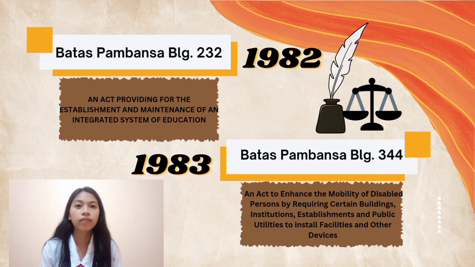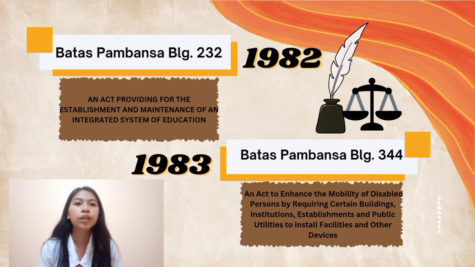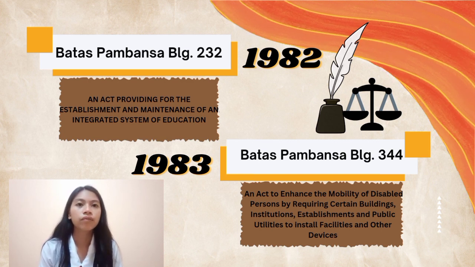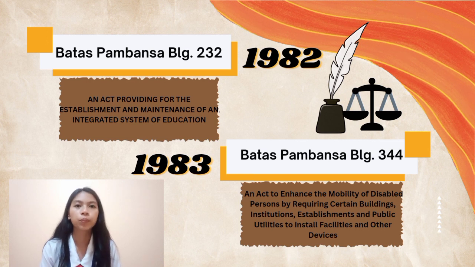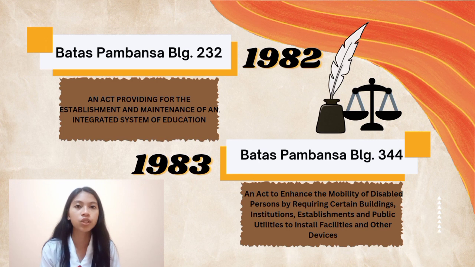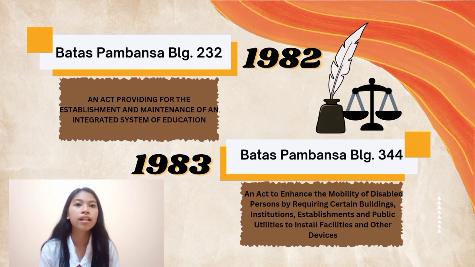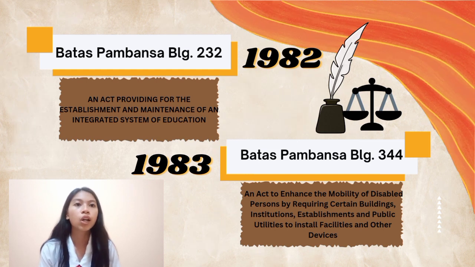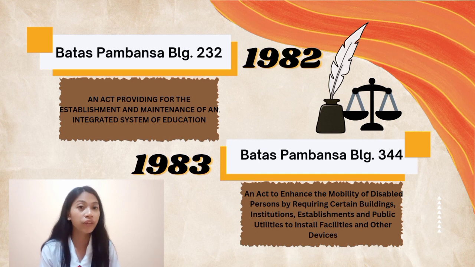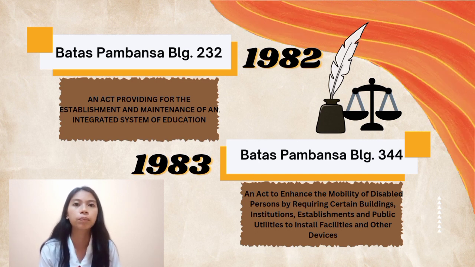Under Section 1 of this act, in order to promote the realization of the rights of disabled persons to participate fully in the social life and the development of the societies in which they live and the enjoyment of the opportunities available to other citizens, no license or permit for the construction, repair, or renovation of public and private buildings for public use.